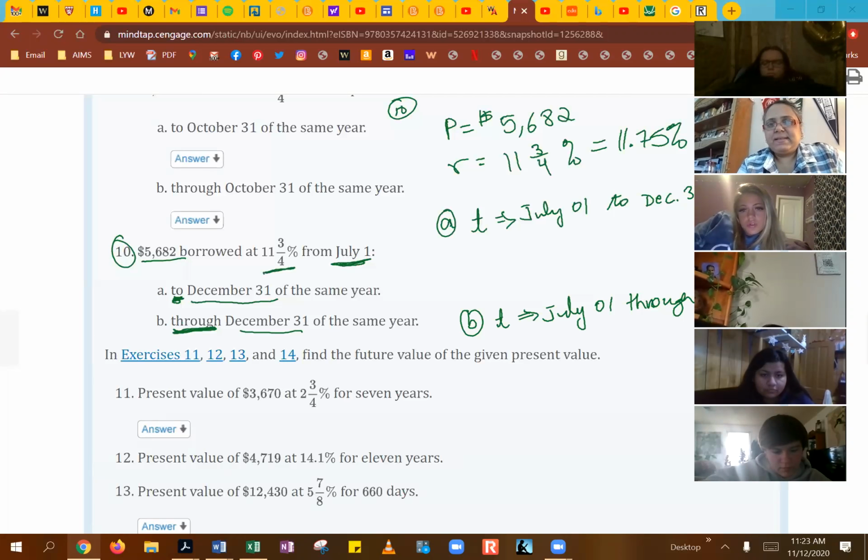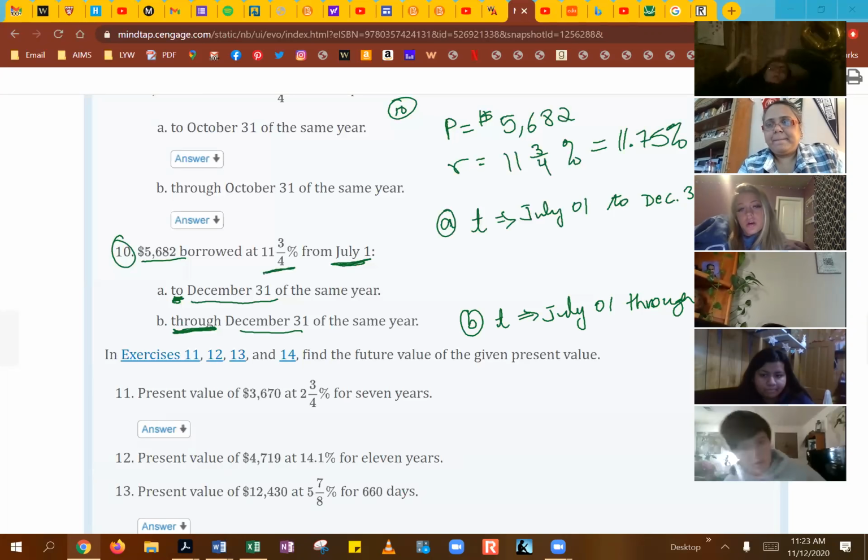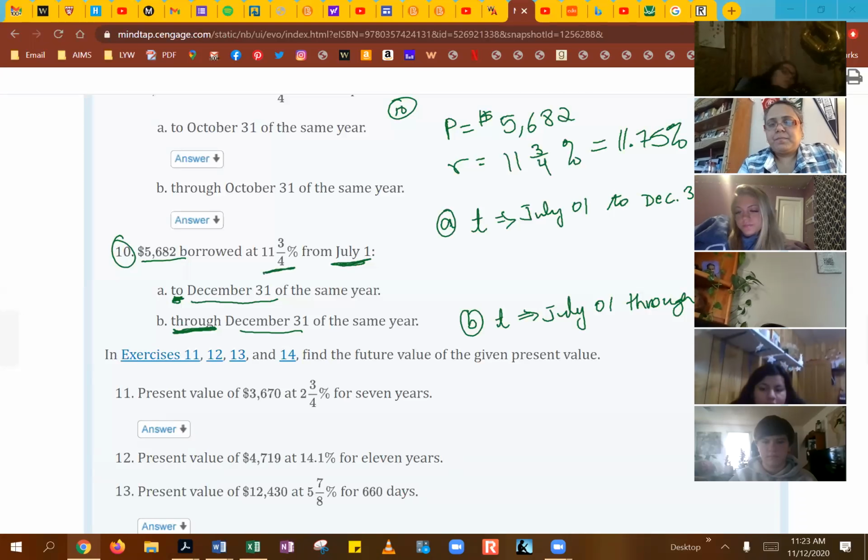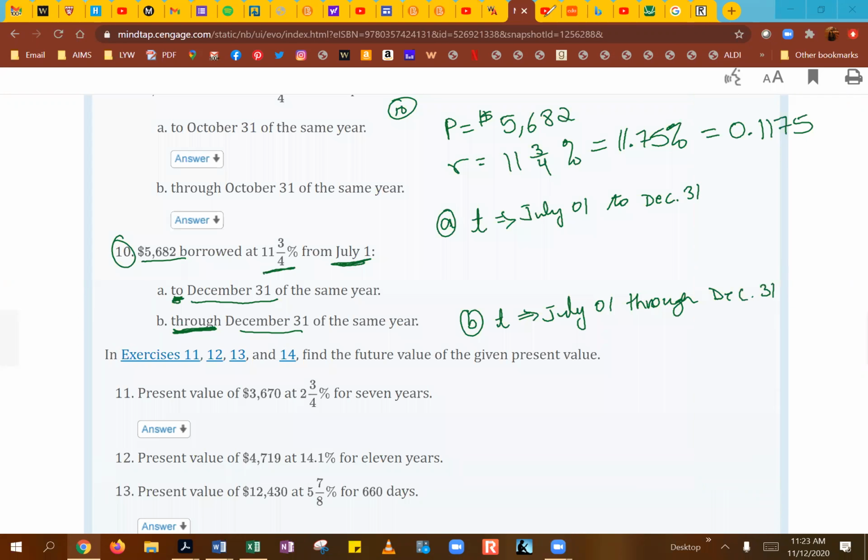So how many days are we looking at in part A? Burgundy, yeah, very nice. Because when they say in part A, July 1st to December 31st, December 31st is actually our last day.